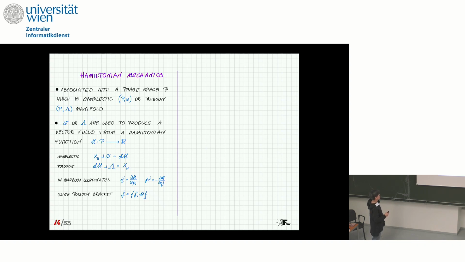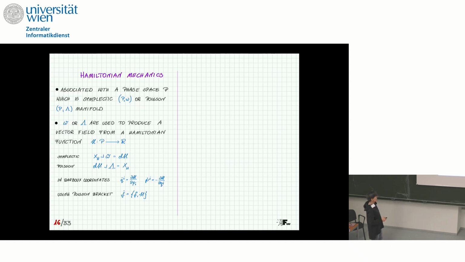So other speakers yesterday and today stated that Hamiltonian mechanics tend to be associated with phase space, which is a symplectic or Poisson manifold. Then the structure is used to produce a vector field from a function. So we extract a map from omega or from lambda, and we use it as a map.